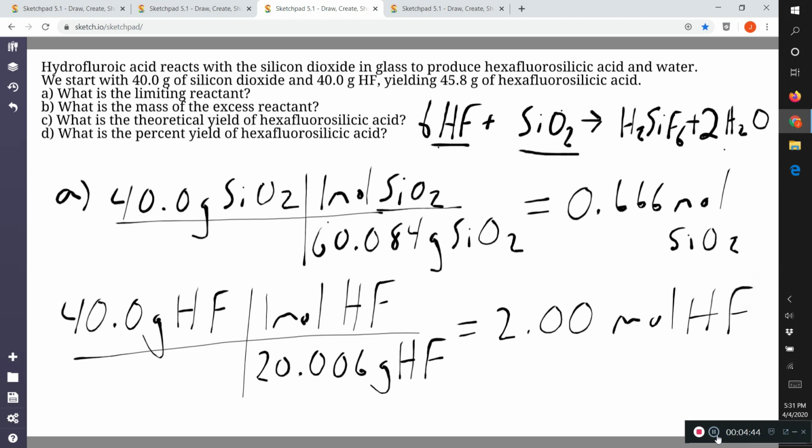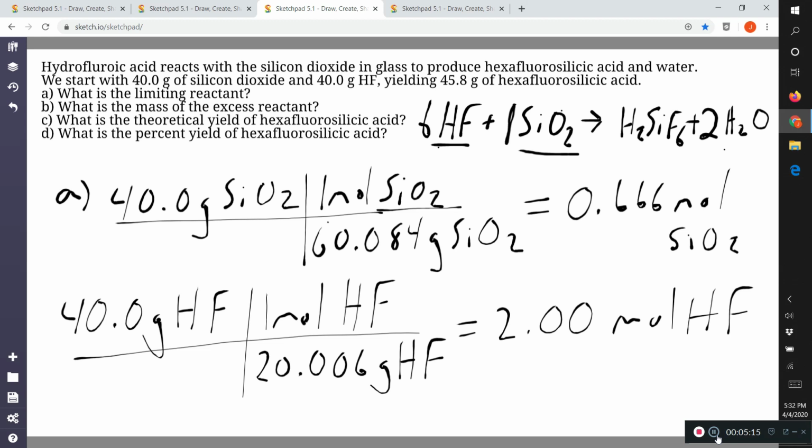Now we have to compare that to the actual molar ratio in the problem. In the problem, we have 1 silicon dioxide to 6 hydrofluoric acid. So we need 6 times as many moles of hydrofluoric acid as we do silicon dioxide. If we take 0.666 times 6, that means we would need 3.996 moles of hydrofluoric acid.